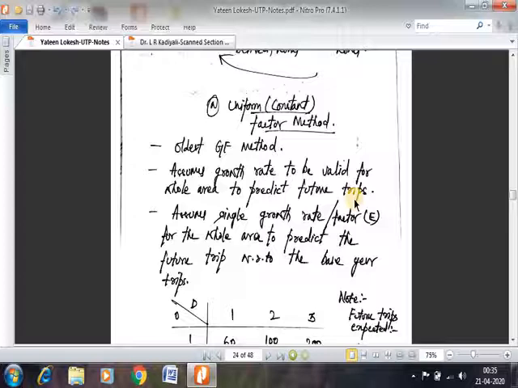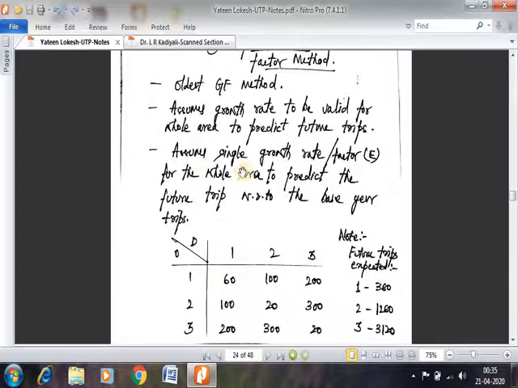So the growth factor is assumed to be constant in the whole area, which might not be practical. Also, it assumes a single growth rate or growth factor for the whole area, as I told you, to predict the future number of trips with respect to the base year trips.